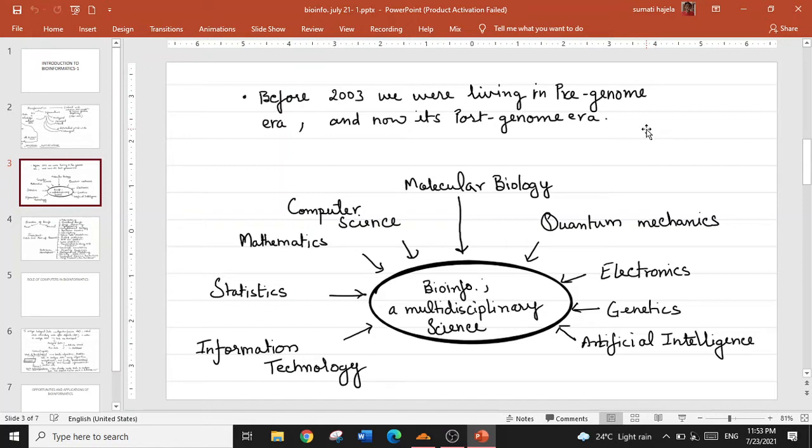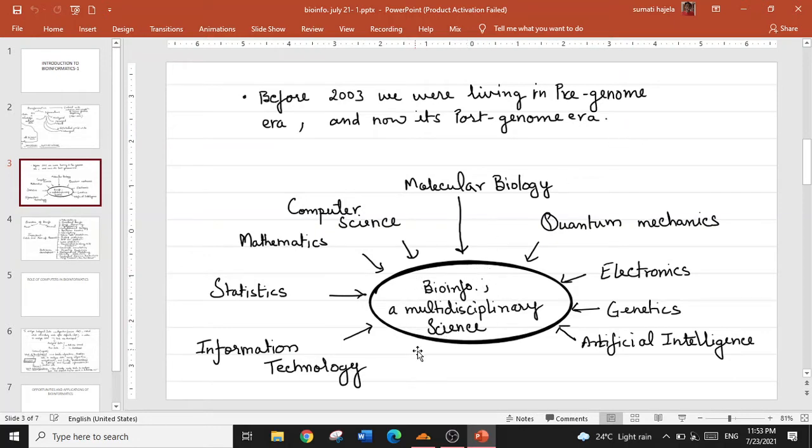Sequencing is done not only for human beings, it is done for animals and plants also. Every effort is made to do something better for human beings.